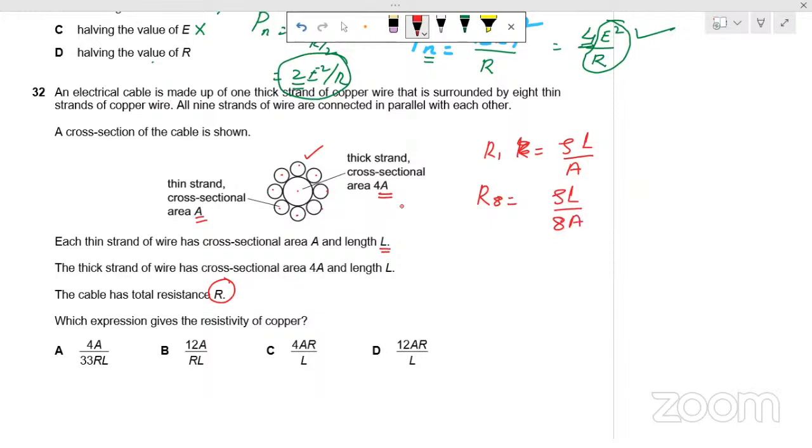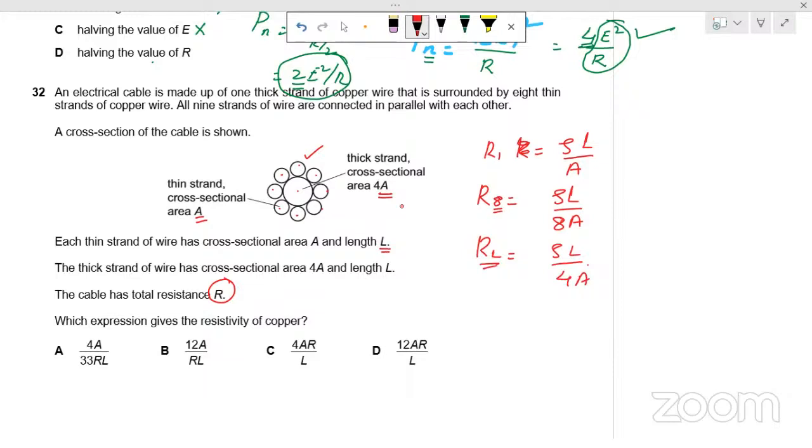If two wires of equal resistance are connected in parallel, their resistance is half of the single resistance. If there are 8 wires, the resistance will be 1 by 8 of the resistance of a single wire. This is the total resistance of these 8 wires, and the resistance of the large wire is rho L by 4A.